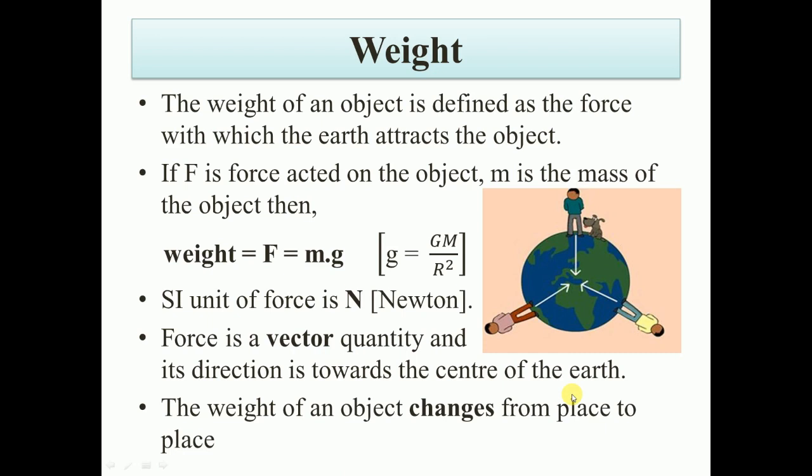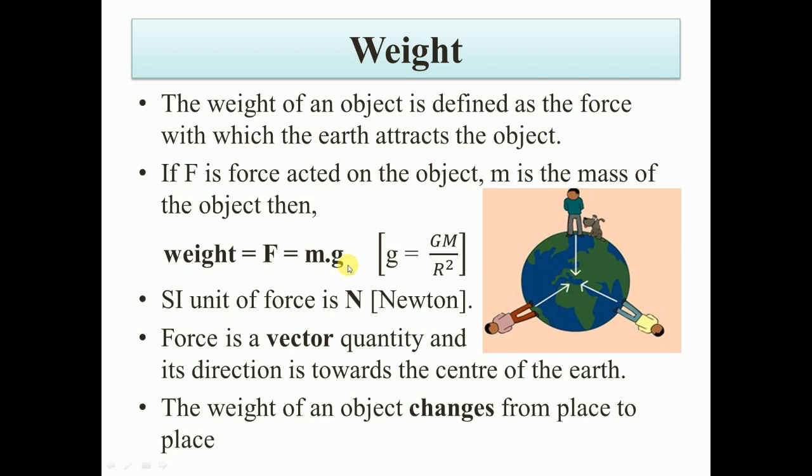Now also, the weight of an object changes from place to place. Why does it change from place to place? As you can see in the formula of weight, it is mass into gravity, that is, acceleration due to gravity. In the entire universe, every planet and star has its own gravity. On earth we have calculated the gravity as 9.77, which is rounded off to 9.8.